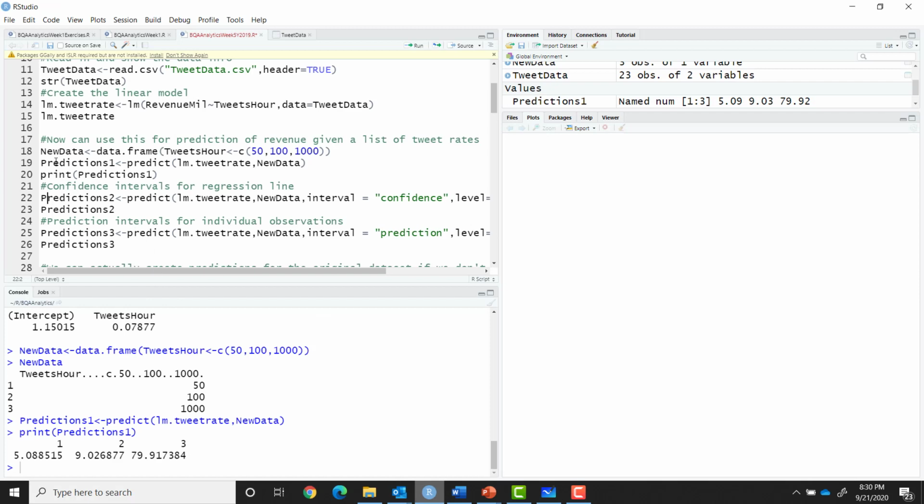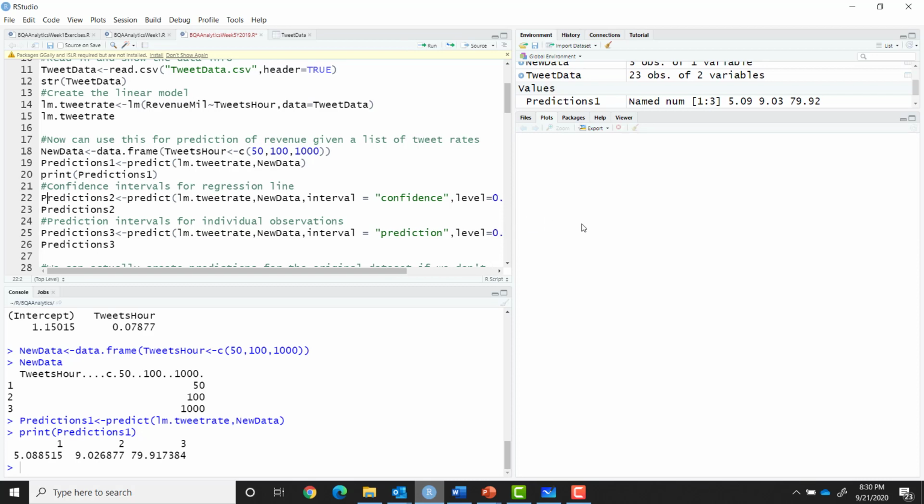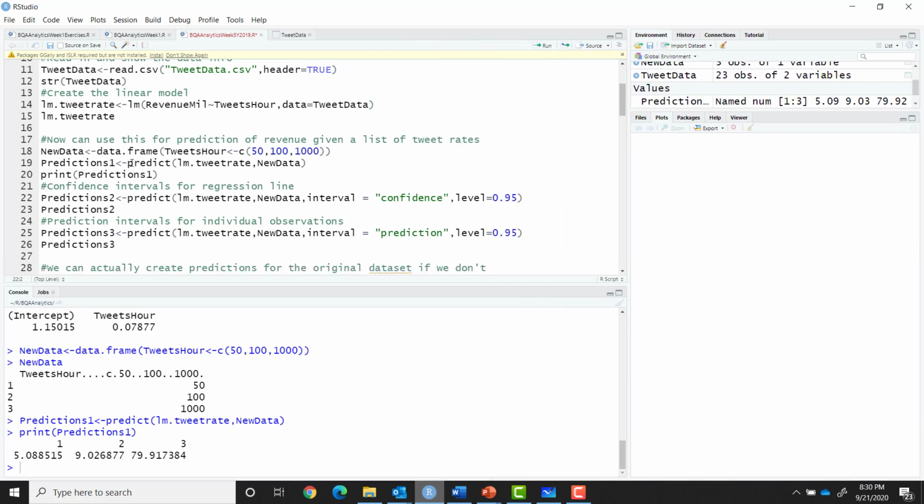So we can do all this in R. This time, rather than just running the predict function, we're adding an extra thing. We're saying we want an interval, which is a confidence interval, and we want it at level 0.95. And if you remember, I think you all did pretty well on the exam, this will give you a 95% confidence interval.